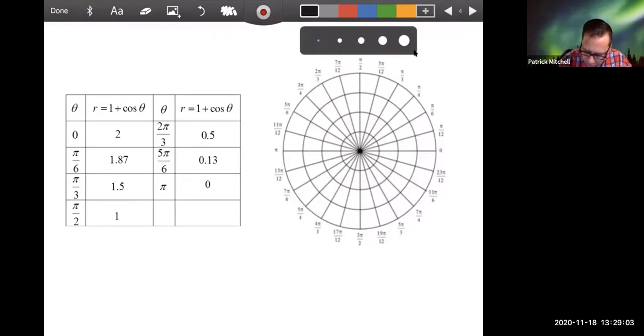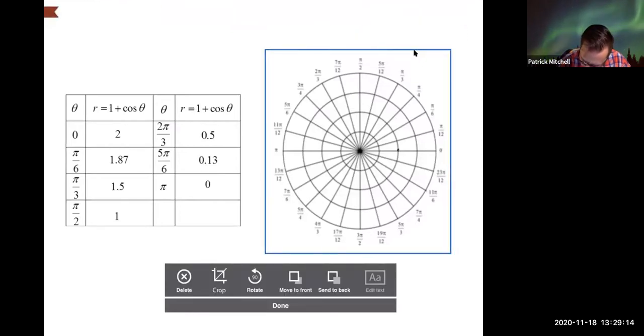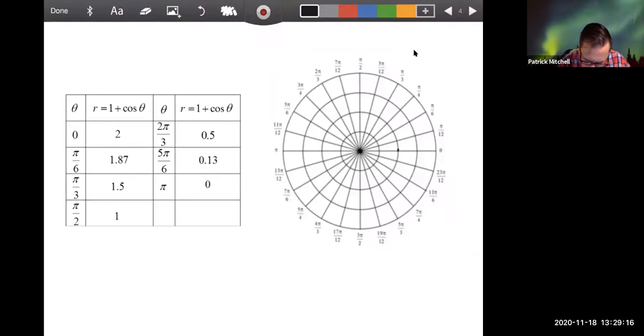So again, I'm skipping showing all my work with actually finding these values of r. You're just plugging in the values of theta. Starting with 2, 0: when theta is 0, r is at 2, so that's over here. Pi over 6, 1.87, that's going to be right about here.